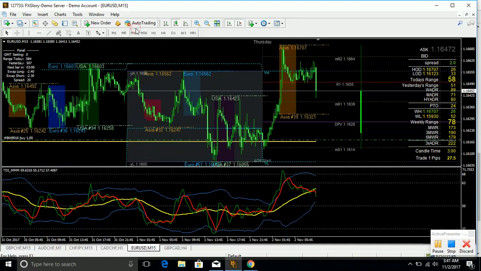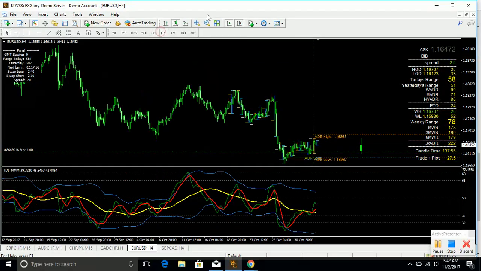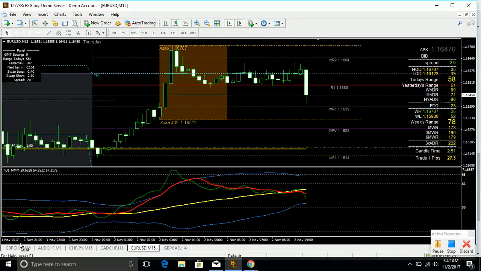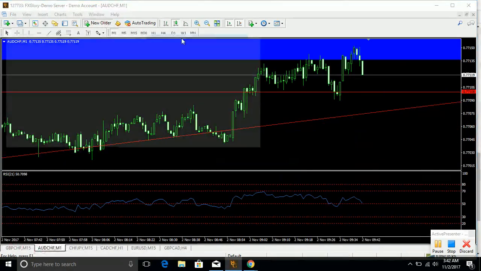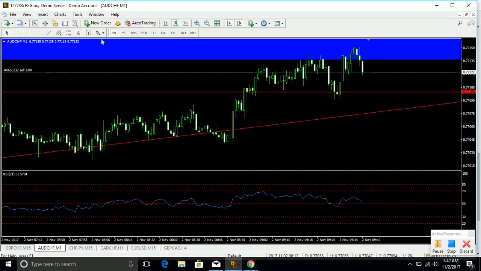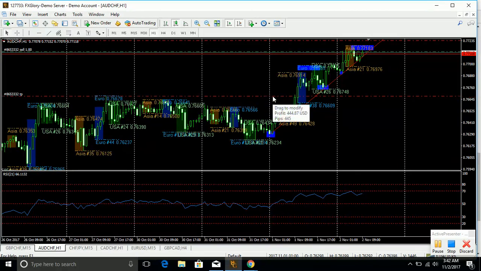What I'm actually going to do here is enter that, put the stop above, and we'll put our take profit, I believe I had it at about right in here for everybody.